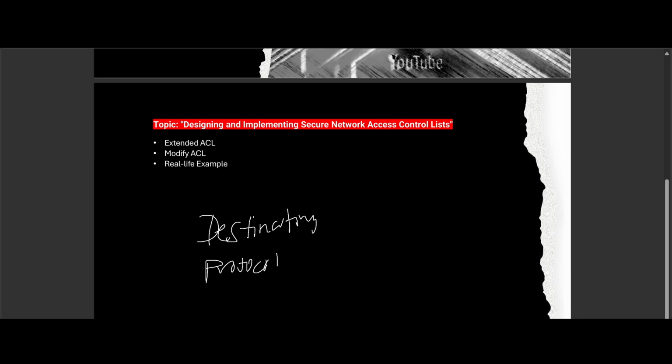For today's topic, we're going to discuss configuring extended ACL. It just means that we're going to use the numbers 100 to 199 and 2000 to 2699. If you remember, in standard ACL we also define specific numbers, like 1 to 99. That's how we define that we're using the standard ACL.